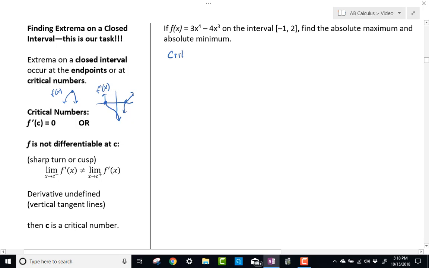So critical numbers. Okay, now again, what are critical numbers?